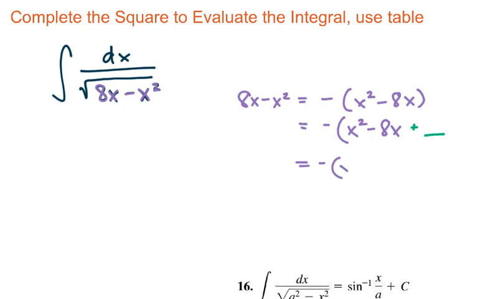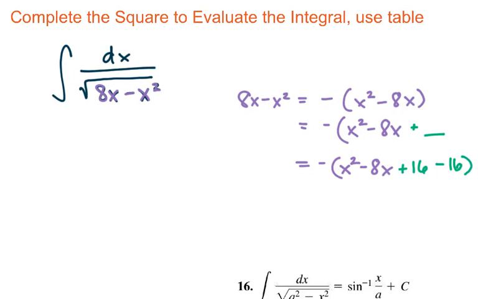So I have negative x squared minus 8x plus 16. However, I'm not allowed to just add a random number. The only number I'm allowed to add is 0. So I'm going to write plus 16 minus 16. So I haven't changed anything other than the way it looks.